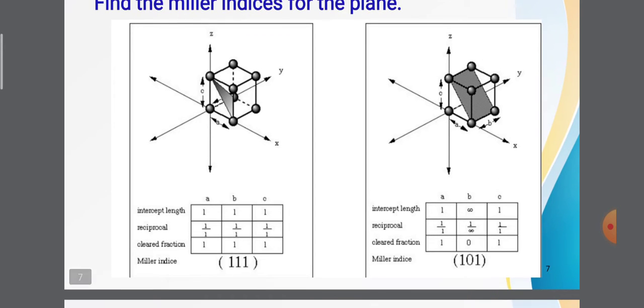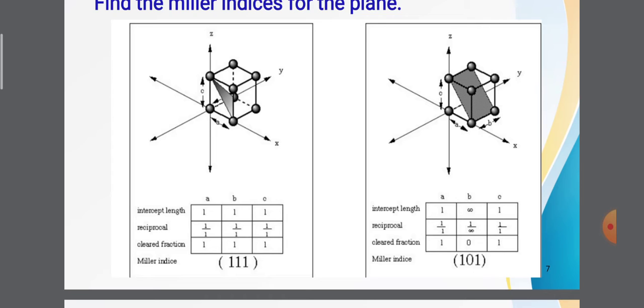The first example, here the plane intercepts the x-axis at 1, y-axis at 1, z-axis at 1. Next, taking the reciprocal and clearing the fractions, we get 1, 1, 1. So the Miller integers of this plane are 1, 1, 1.